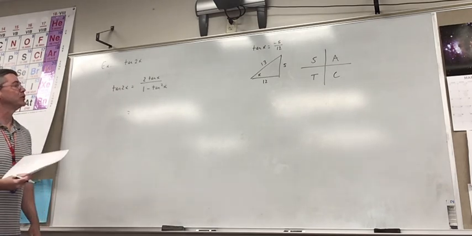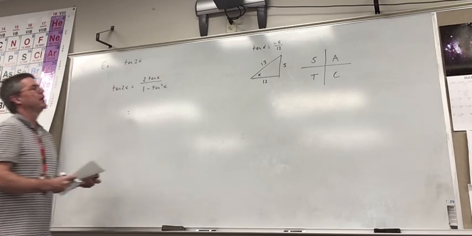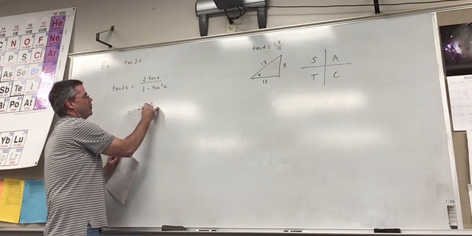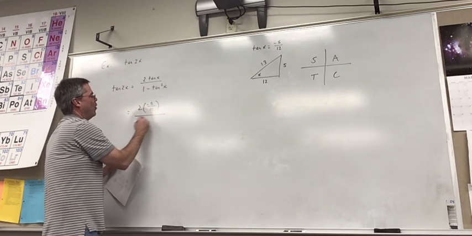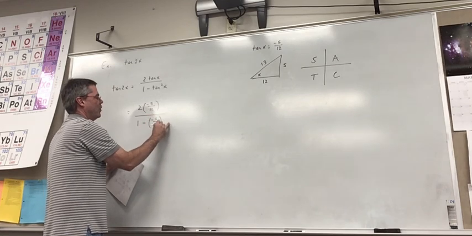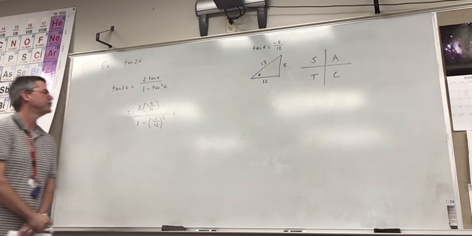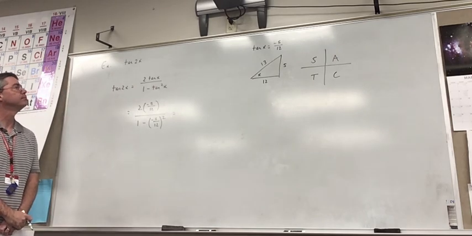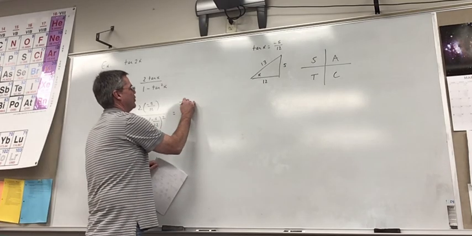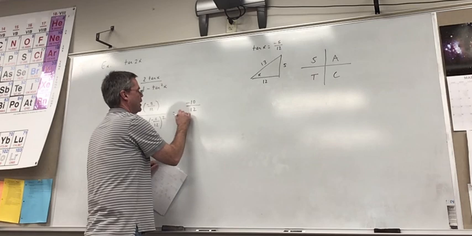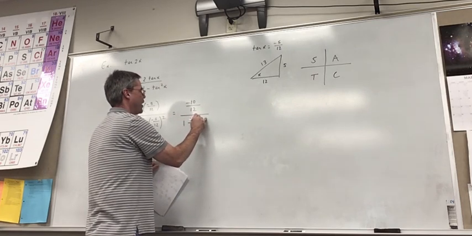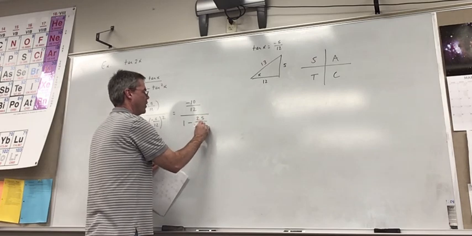That's what we've been doing the whole time. So tangent we know is negative 5 over 12, so 2 times negative 5 over 12 over 1 minus negative 5 over 12 all squared. So that's going to be negative 10 over 12 on the top, and on the bottom 1 minus 25 over 144.